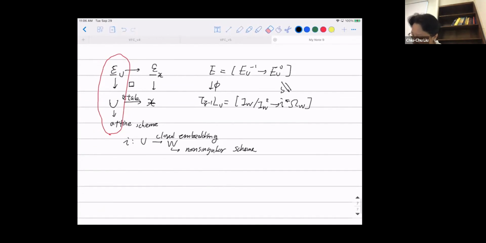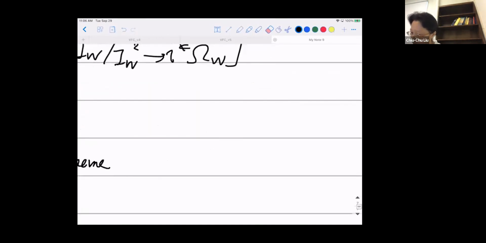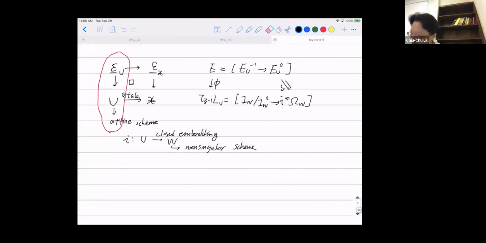You just take, so first recall that we have the normal cone of U in W and the normal sheaf of U in W, and they are embedded in the total space of E_1 over U. This is just the dual.